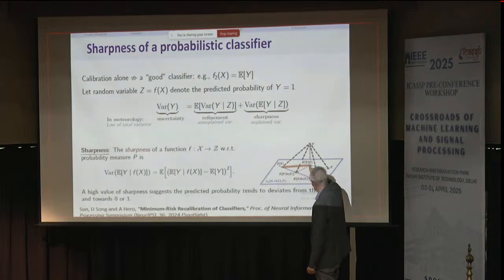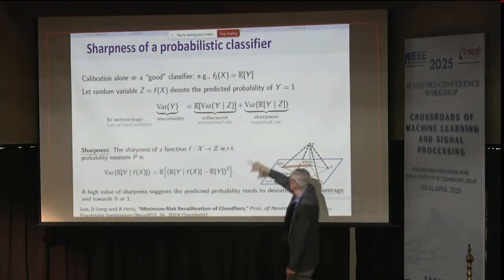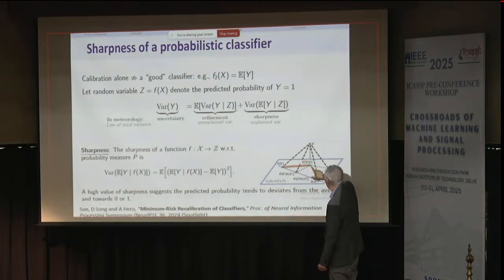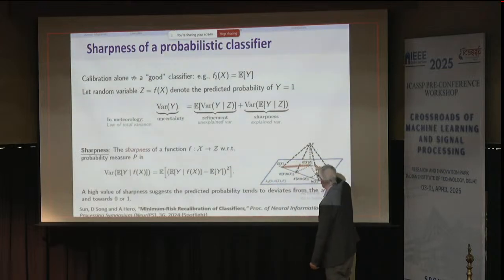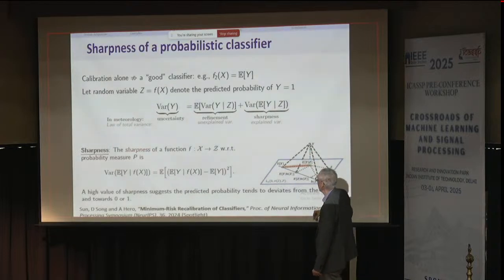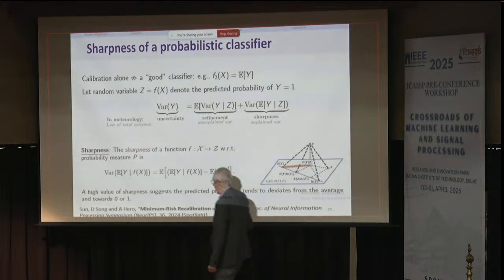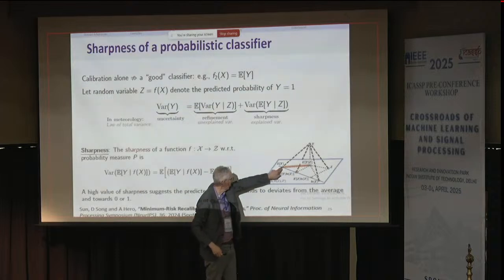So it's this geometric vector in this vector space of functions of z. The z here, don't forget, is f of x. And then there's another component, which is the expected value of the variance of y given z, which is this term here. So respectively, this component is called the explained variance, the so-called sharpness.